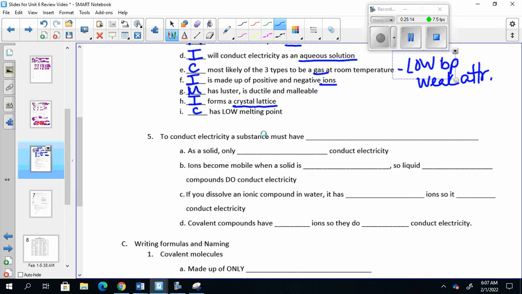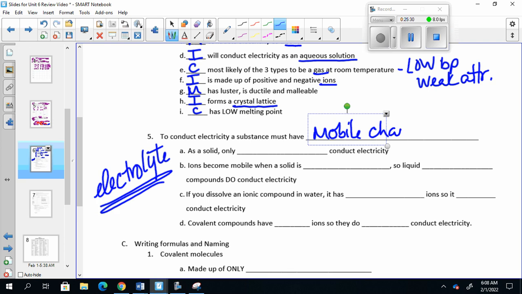So to conduct electricity, so I want to add that word in here, electrolyte. Electrolyte is a solution that's able to conduct electricity. So to conduct electricity, a substance must have, here's the rule, mobile charged particles.